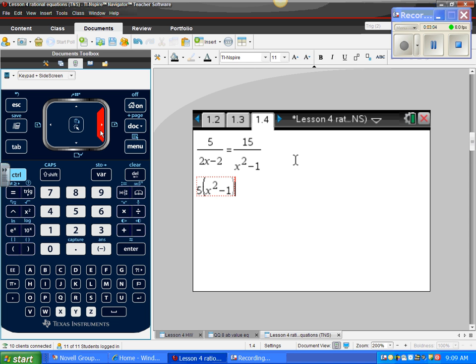Why did I do that? We're multiplying and we're going to want to do what after? Distribute. Excellent. Okay, equals, keep walking me through it. Good, 15 times the quantity 2x minus 2. Excellent. Okay, so we all know how to cross multiply. Good news.